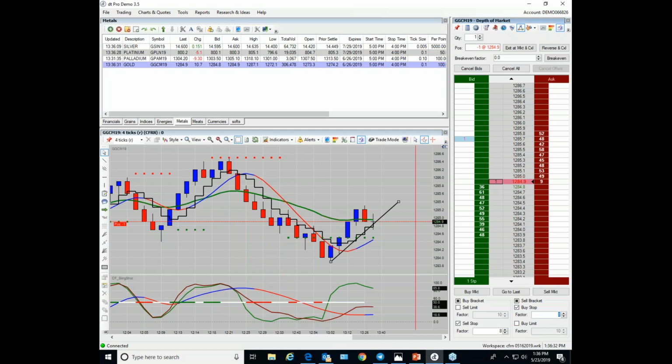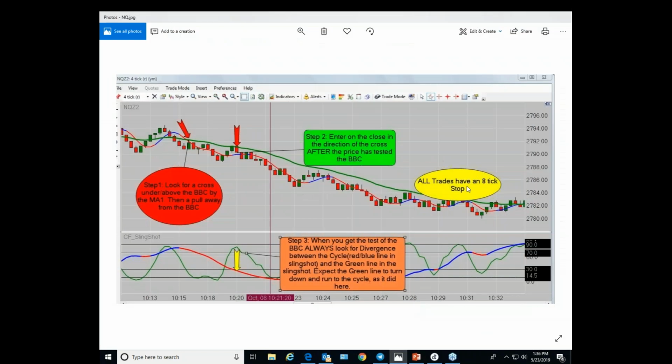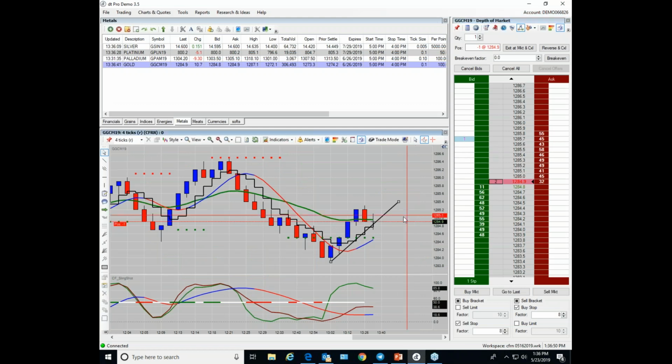If you make the factor 8, it will automatically place a stop loss behind it 8 ticks away. Remember, every trade has an 8 tick stop attached to it, right? So that's why we do that.